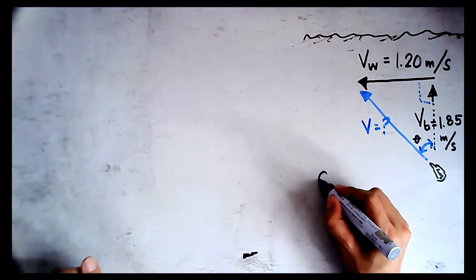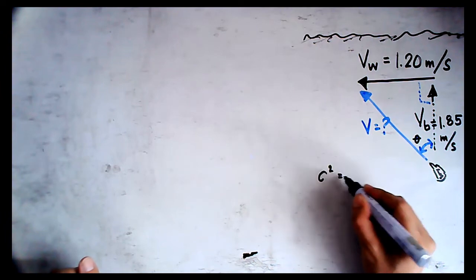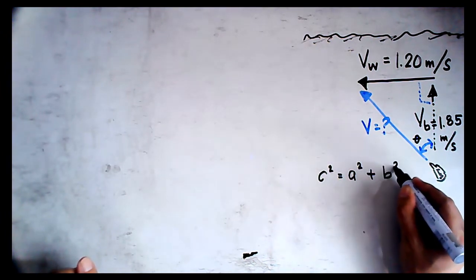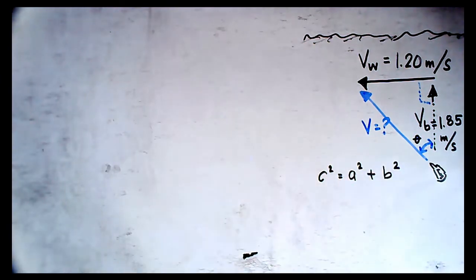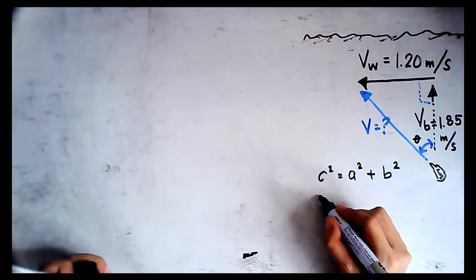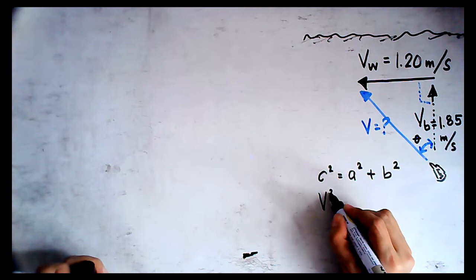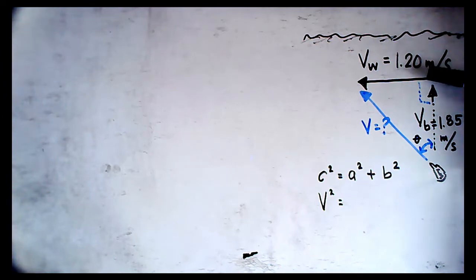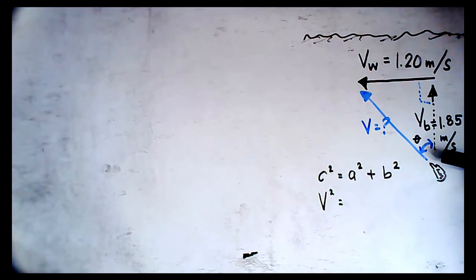So according to the Pythagorean theorem, c squared is equal to a squared plus b squared, if you remember that equation. And we can represent the value for c to be the relative velocity, and the values for a and b can be represented by the velocity of the water or the current and the velocity of the boat.